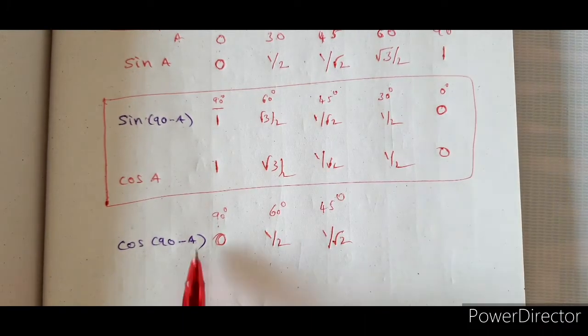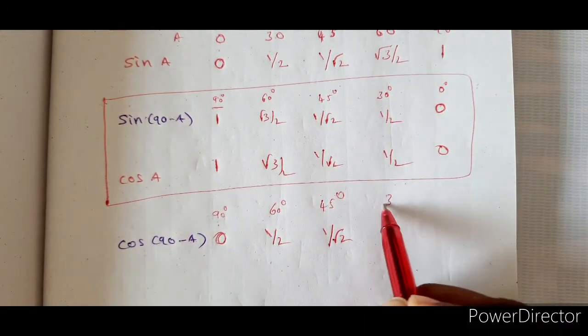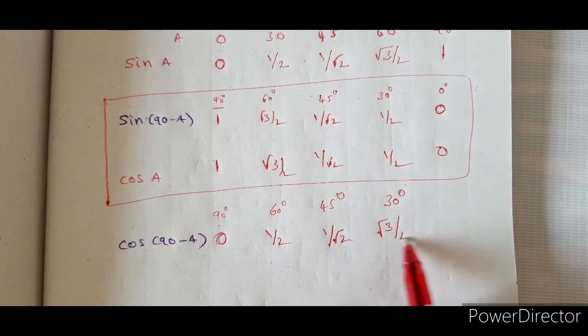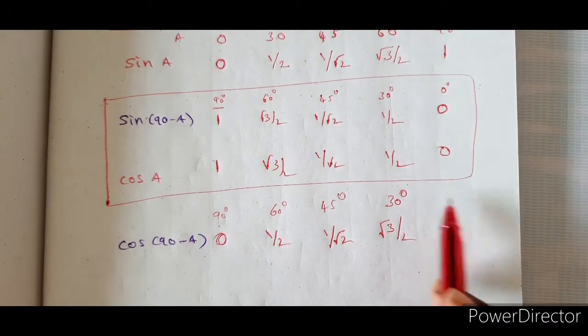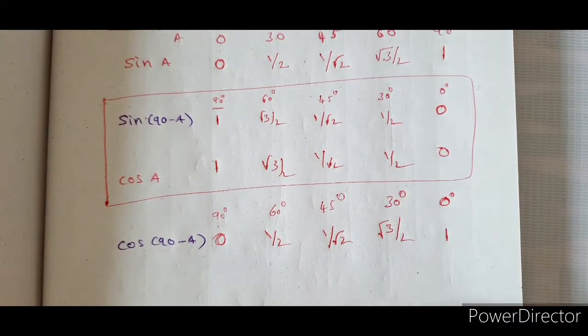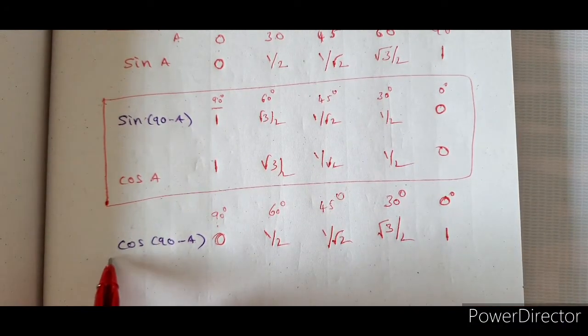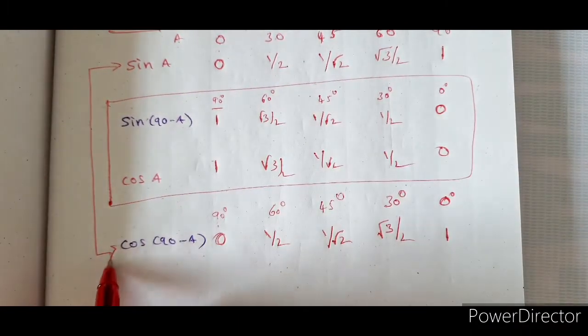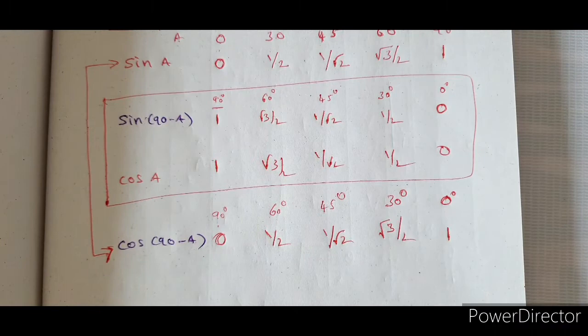Very good. Now cos of 90 minus 60. 90 minus 60 is 30. Cos 30 is root 3 by 2. Now cos of 90 minus 90. Cos 0 is 1. Right. Now these values, are they matching with these? Yes, perfectly.